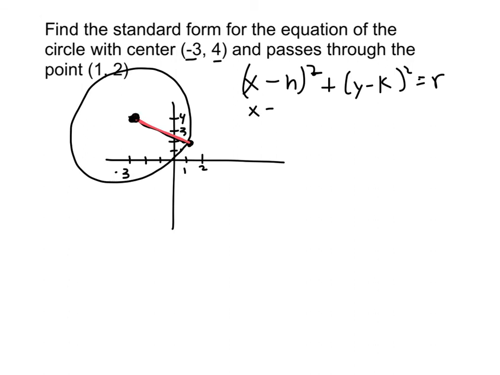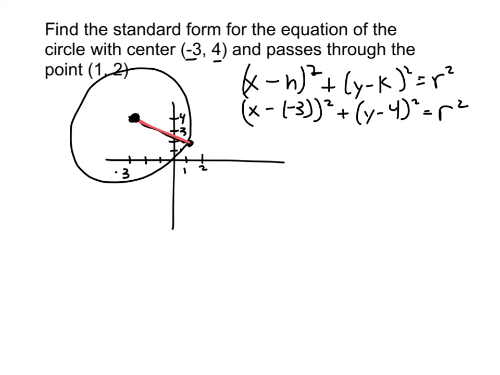The center of the circle is h and k, so h in this case is negative 3. So x minus negative 3, and then y minus k is y minus 4, equals r squared. I don't know what r squared is.